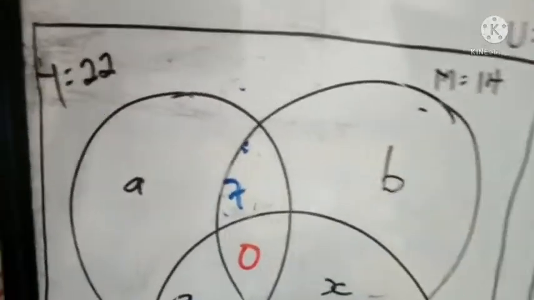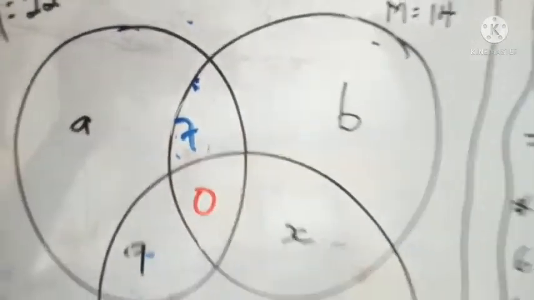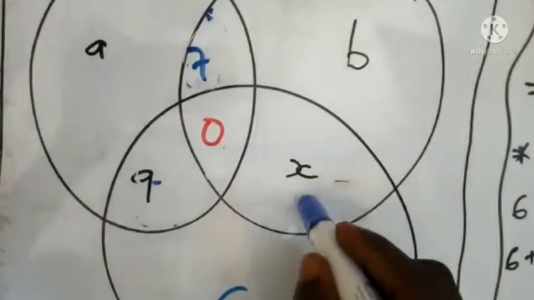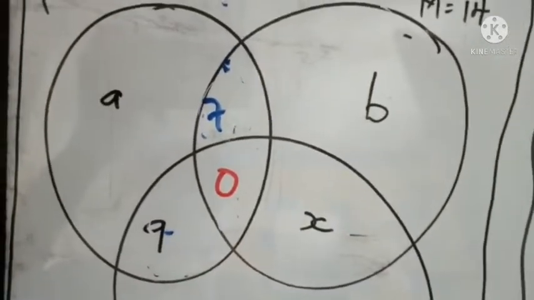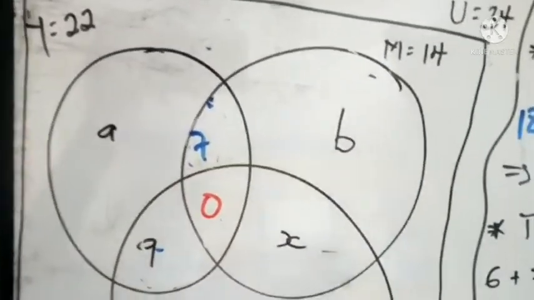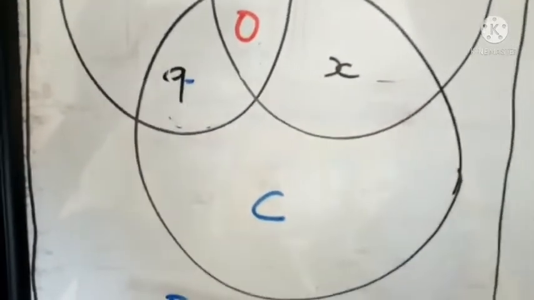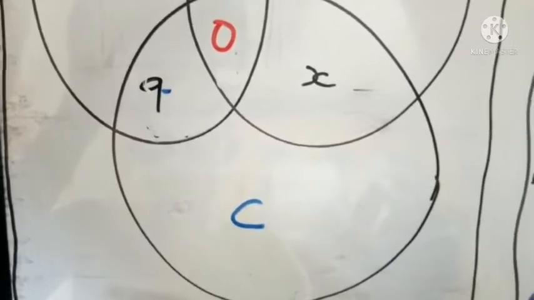So here I represent with A, here B, as well as here C, and then here is X. You can use your own variables to represent on the form. All that matters is that you don't leave any space empty. Okay, so that is a very nice Venn diagram that we have on the board.